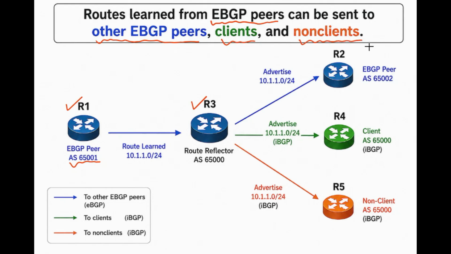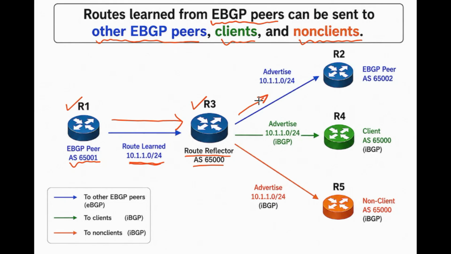So in this case, the subnet 10.1.1.0/24 is advertised from R1 and learned by R3. R3 is the route reflector, in AS number 65000. As per the rule, R3 can send this to another eBGP peer.